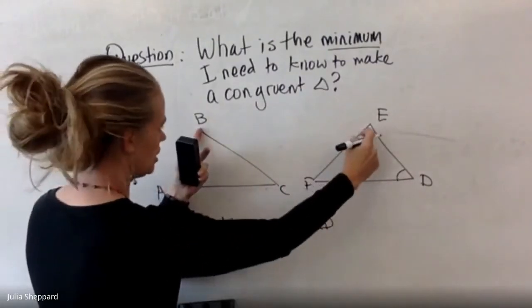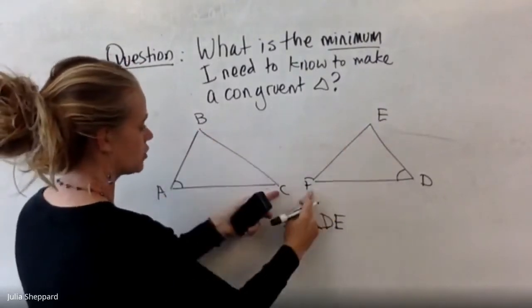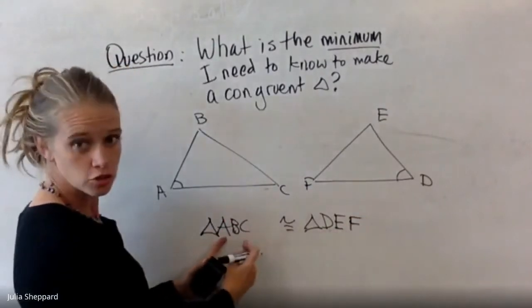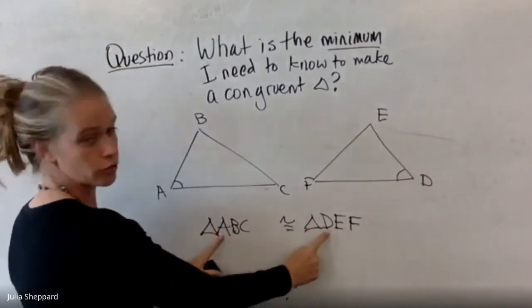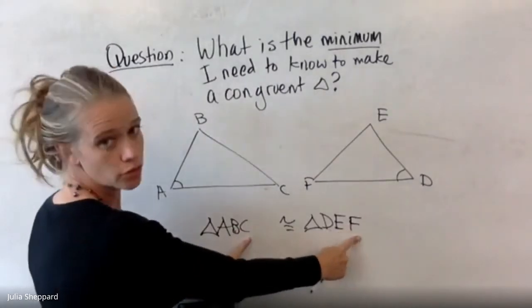B goes to E, so I need to put the E next. And then if C goes to F, I need to put the F next. So now when I look at these two triangles, angle A is congruent to angle D, B is congruent to angle E, and C is congruent to angle F.